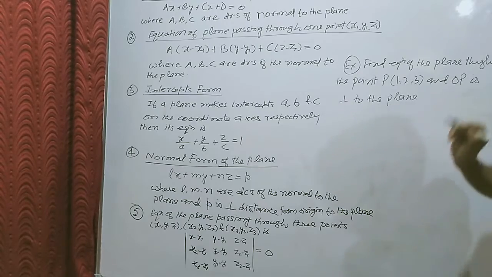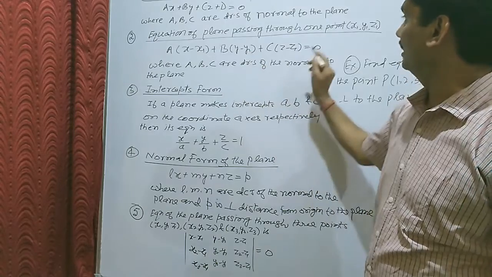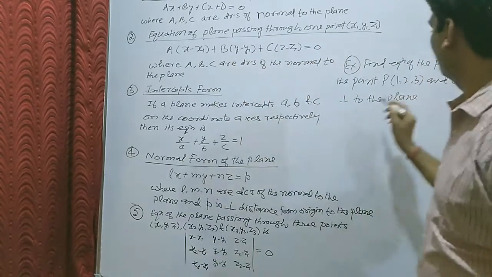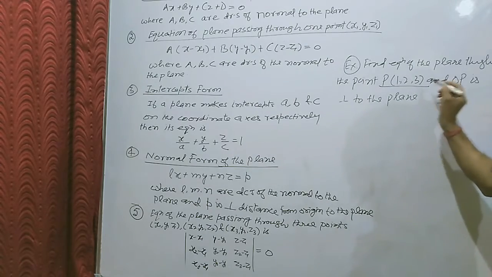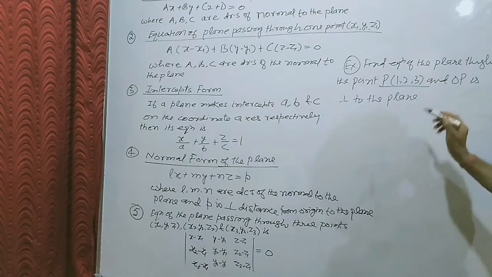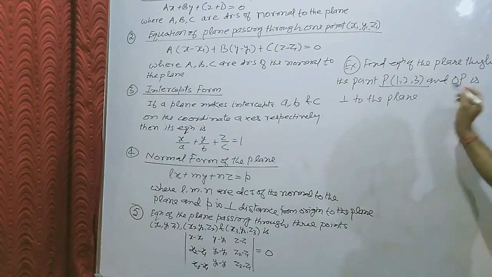We have already discussed that to find the equation of a plane passing through one point, we need two things: the point, which is x1, y1, z1, and the DRs of the normal to the plane. So OP is the normal. Perpendicular means normal to the plane.